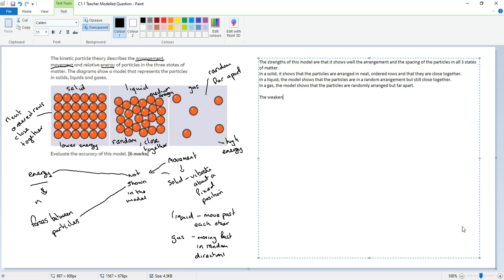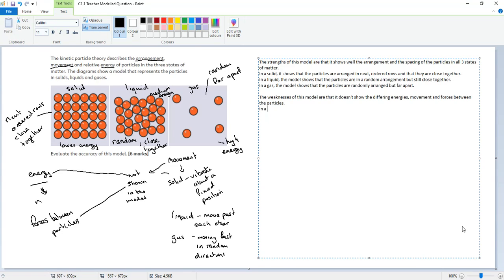So the weaknesses of this model are that it doesn't show the differing energies, movement and forces between the particles.